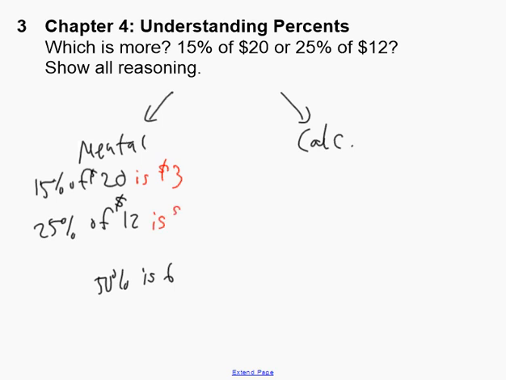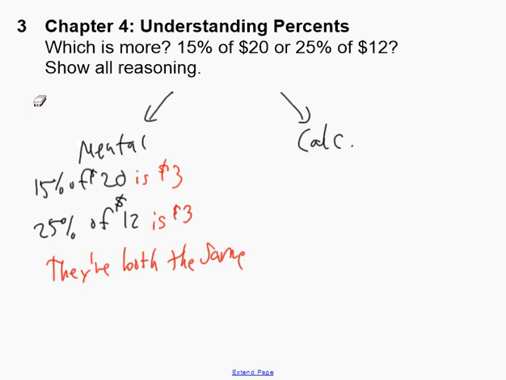So therefore, 25% of $12 is $3 as well. And it's a trick question. They're both the same.